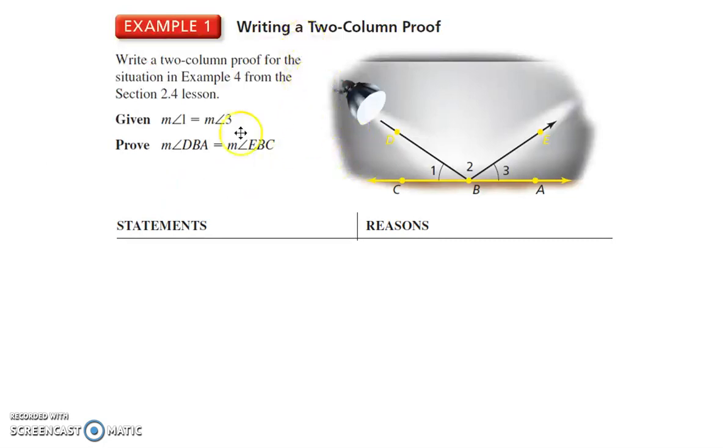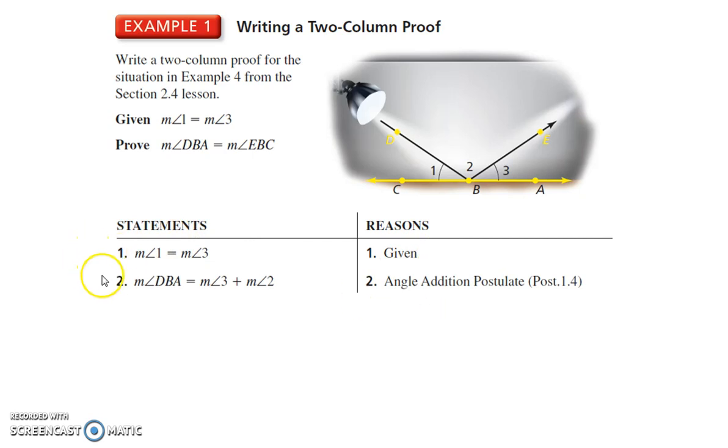Yesterday we looked at this example where we are to prove that the measure of angle DBA is equal to the measure of angle EBC. We first had that the measure of angle 1 and measure of angle 3 are the same. That's given. Notice we number these in our two-column proof. Next, the measure of DBA is the measure of 3 and 2 put together, because of the angle addition postulate.